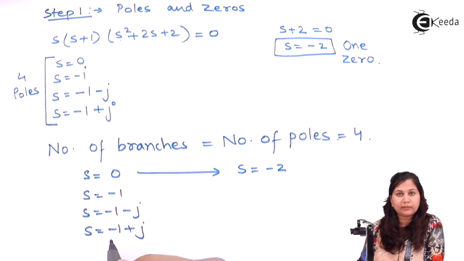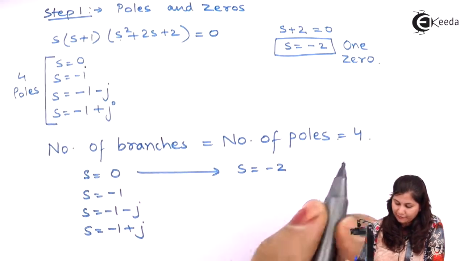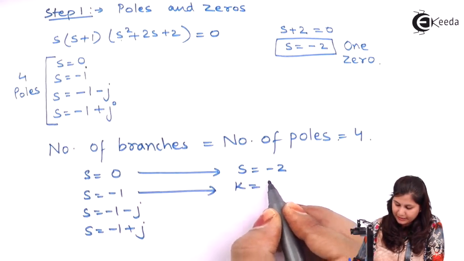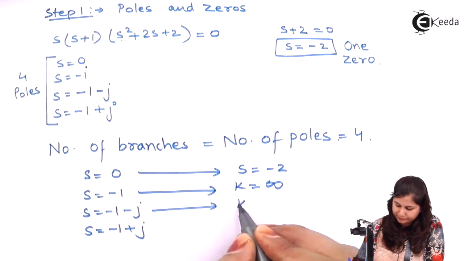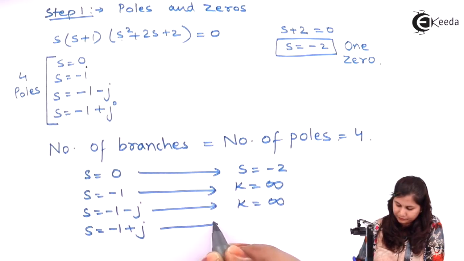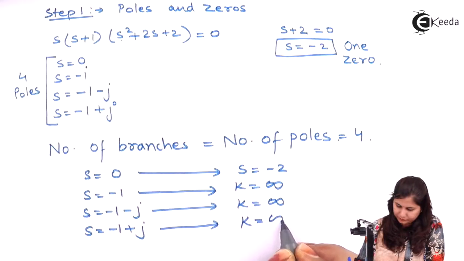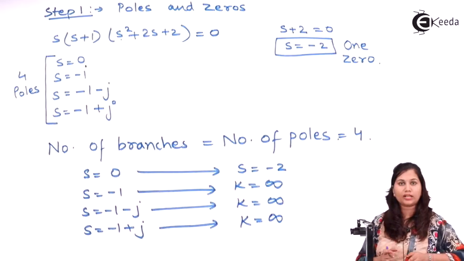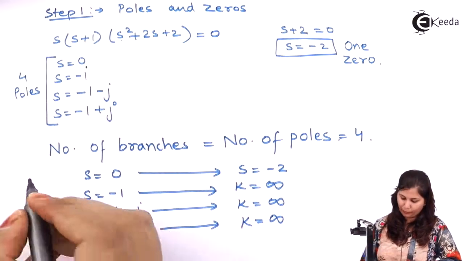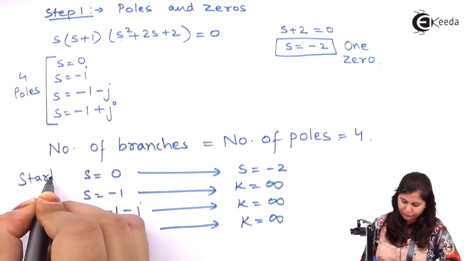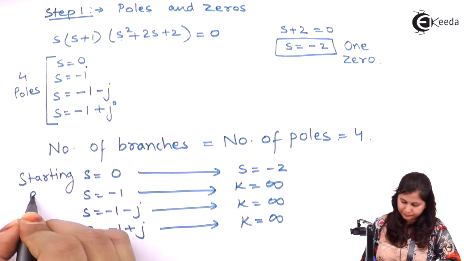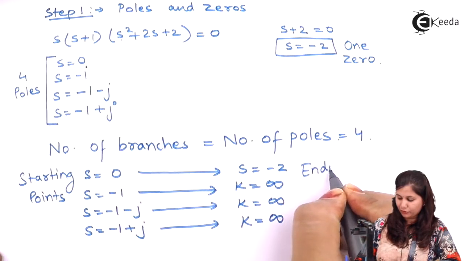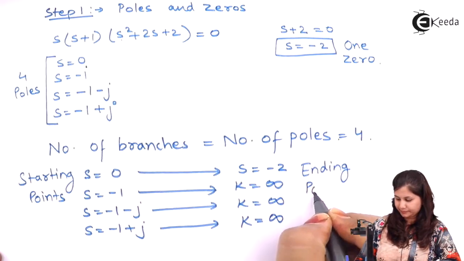So these 3 remaining branches will start from the poles and terminate at K equals to infinity. So we have found out the starting and the ending points. These are the starting points of the branches and these are the ending points of the 4 branches.